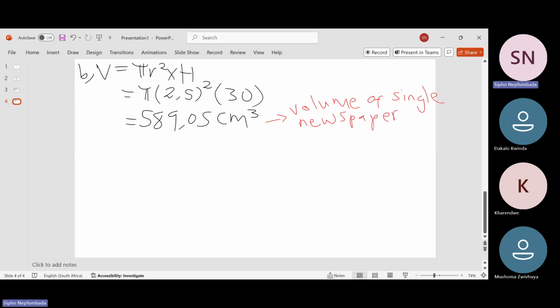So we need the total volume. They say the total package of the newspaper is how many?